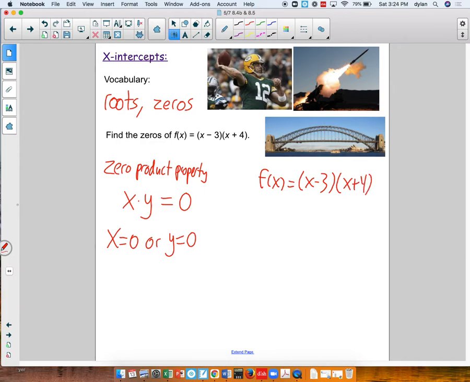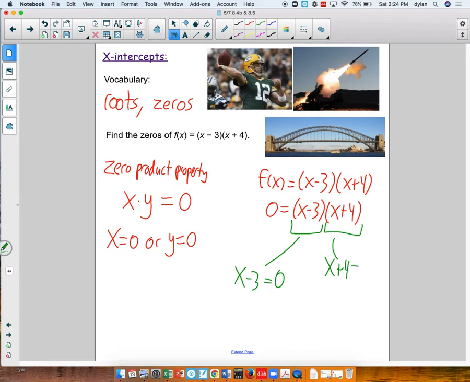And the reason for that is that the zeros occur when the function equals 0. In other words, those x-intercepts happen when y equals 0. But if I'm multiplying two things together, x minus 3 and x plus 4, and I know that the result equals 0, that tells me that one or the other has to be equal to 0. And I can use that to now set each factor equal to 0 separately, and then solve them to get my answers.